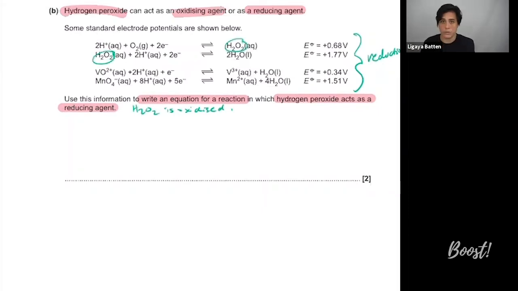As I said, the forward reaction is the reduction reaction. So this reaction we're going to cross out because that's going to be hydrogen peroxide being reduced. In order to have hydrogen peroxide being oxidized, we want to reverse this equation so that we've got the hydrogen peroxide being oxidized, therefore reacting as a reducing agent.